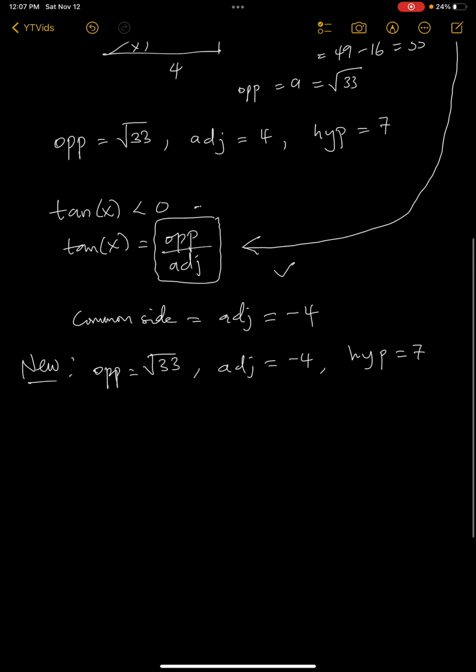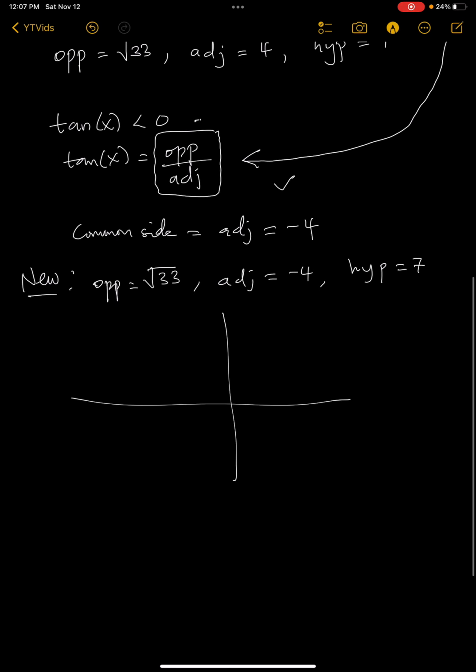If you sketch it, this is the x-axis and this is the y-axis. On the positive side everything is positive, so the triangle doesn't lie there. Rather, it falls on the negative part of the x-axis, so adjacent is negative 4.